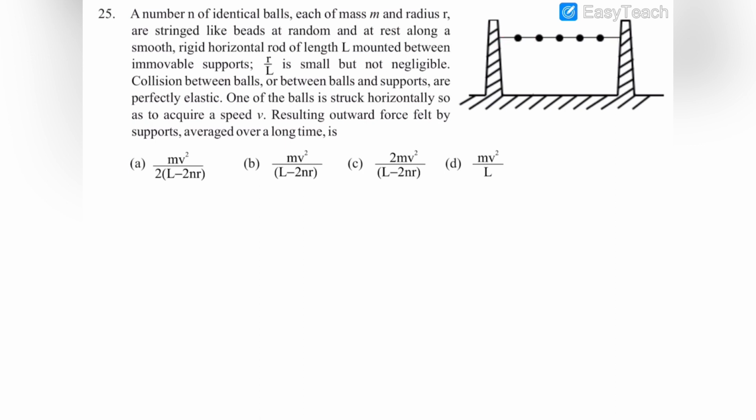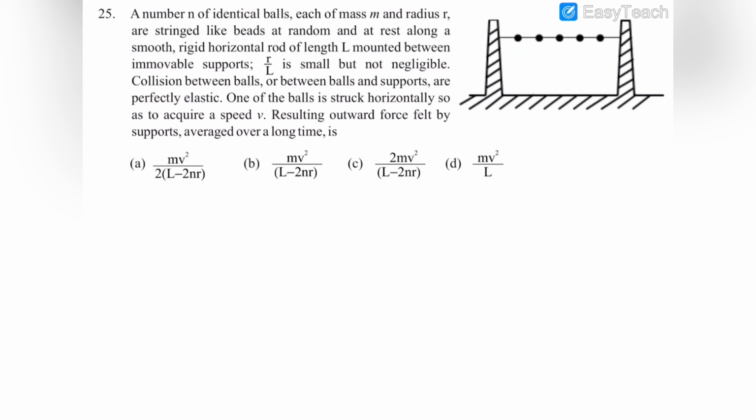This thread is pulled taut and attached to two rigid supports, and the distance between these two rigid supports is L. It is given that r upon L is small, but not negligible. The collision between these balls and the supports is perfectly elastic, and one of the balls is given some velocity v.